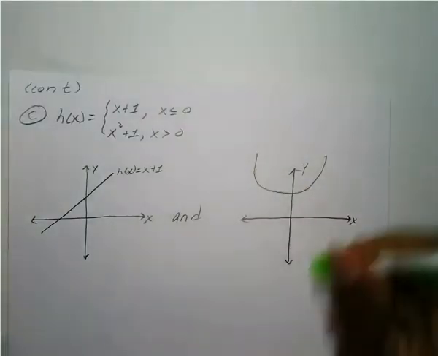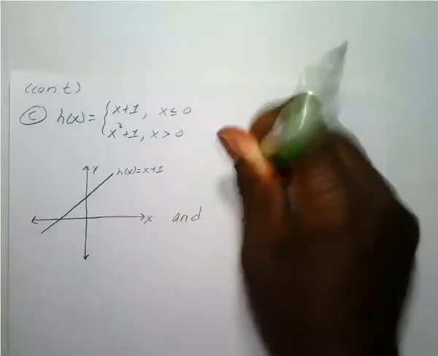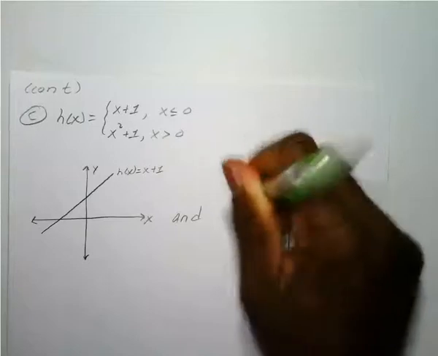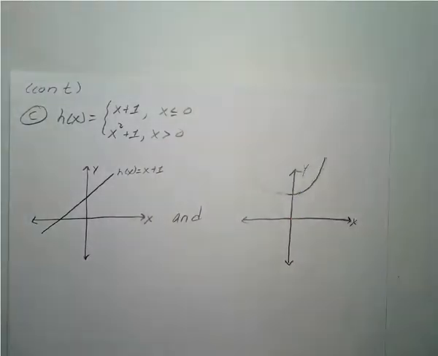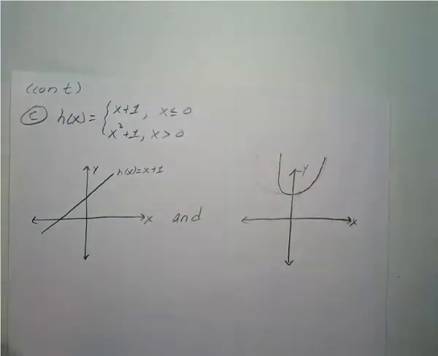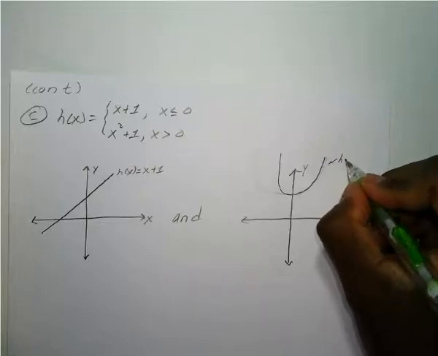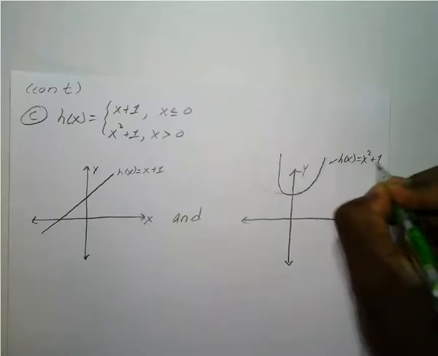Oh, that was horrible. Let me redraw that. All right, so that graph looks something like that. That's a little bit better. Still not great, but better than the last one. Okay, and this is our h of x equals x squared plus 1.